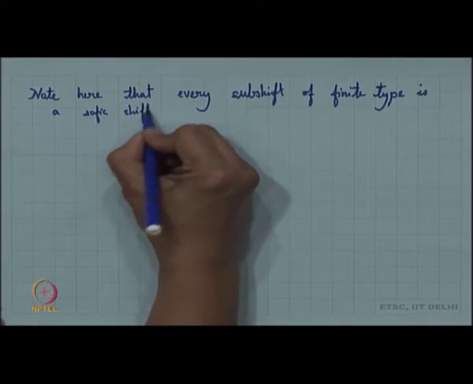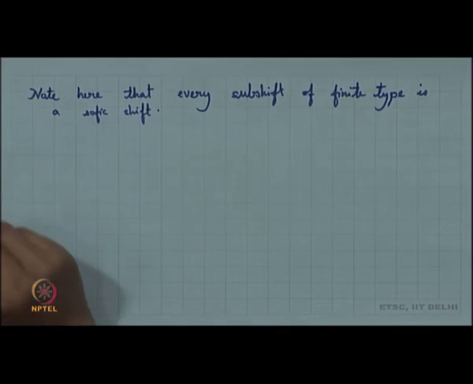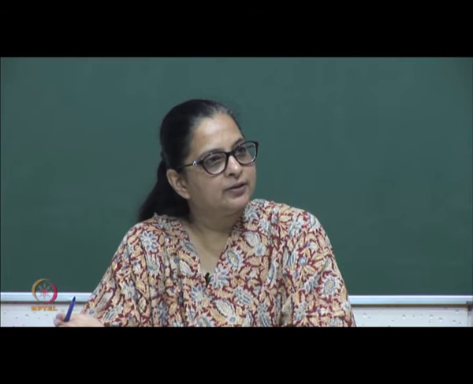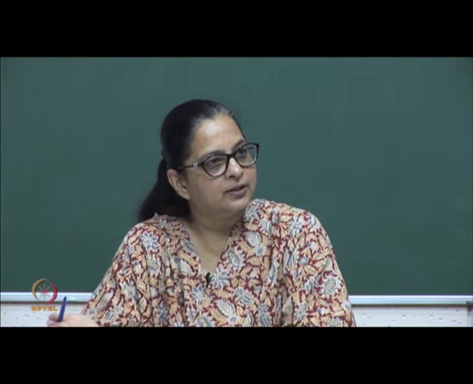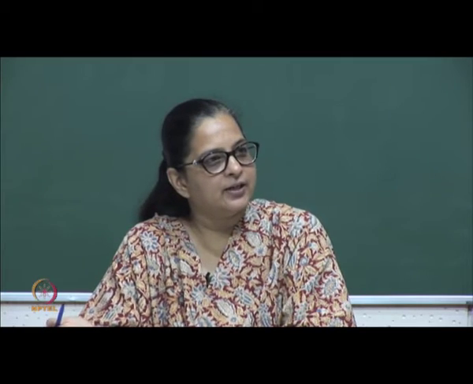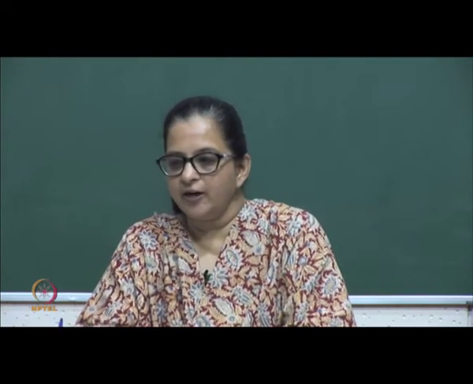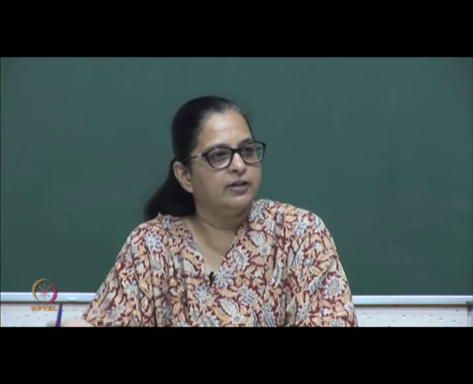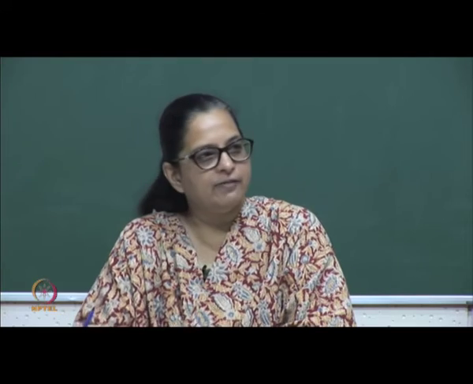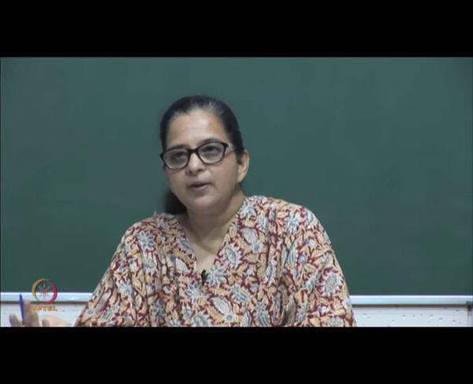Can we say that every subshift of finite type is Sophic? We could have our labeling to be the identity. We know that there is a way of writing every subshift of finite type as an edge shift, and then we have this identity labeling which makes it a Sophic shift. So, every subshift of finite type is a Sophic shift.